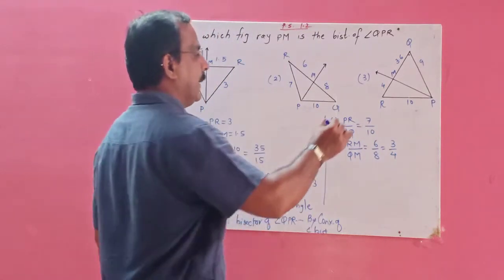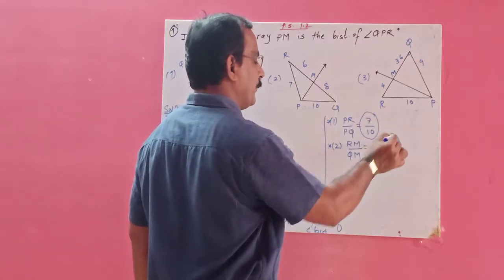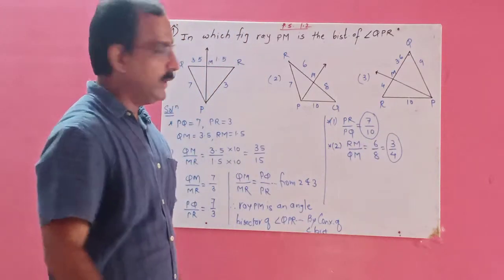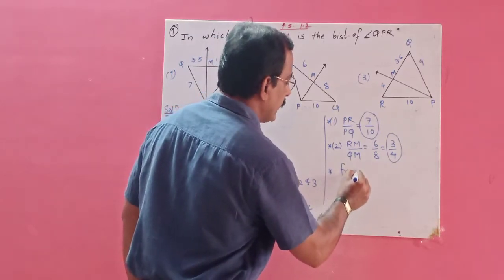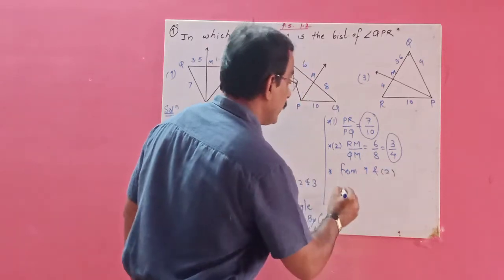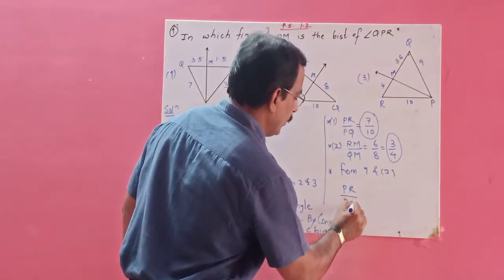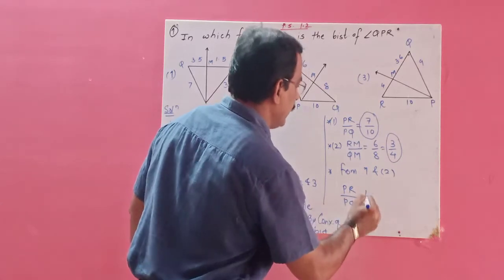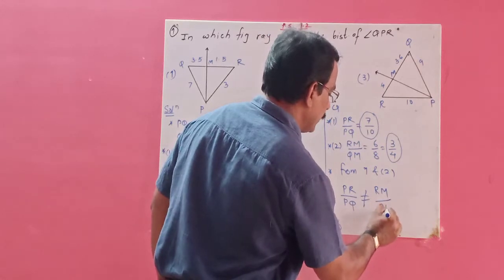What can you say about the two sides? Here it is 7 upon 10. This is 3 upon 4. Both are not equal. So write down from 1 and 2, PR upon PQ is not equal to RM upon QM.